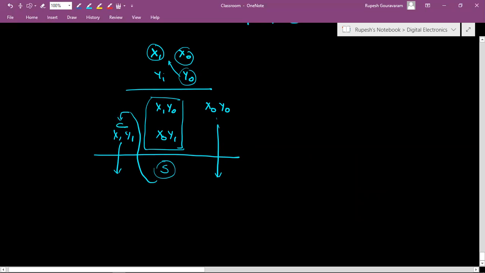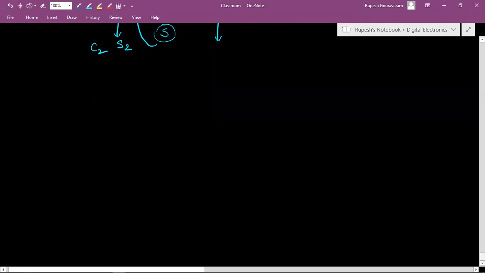That carry is added to x1y1, and we get a sum here and one more carry here. That means to do this operation we need a half adder, is it not? Here one half adder is required, and here one more half adder is required to add these two things. When we have the half adders, then we can realize this circuit. Now, what is a half adder?